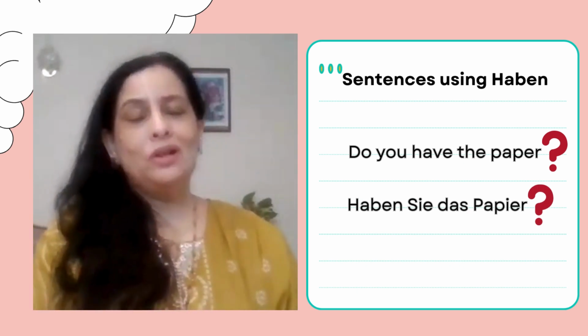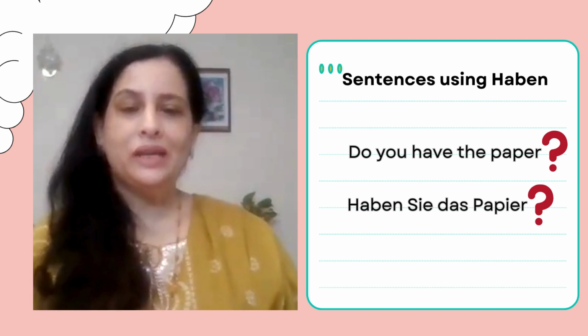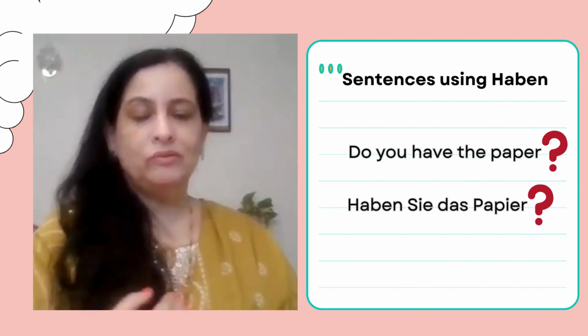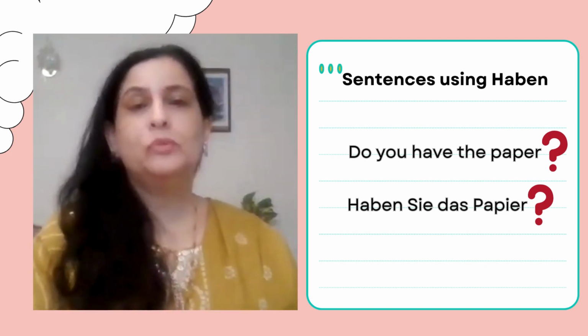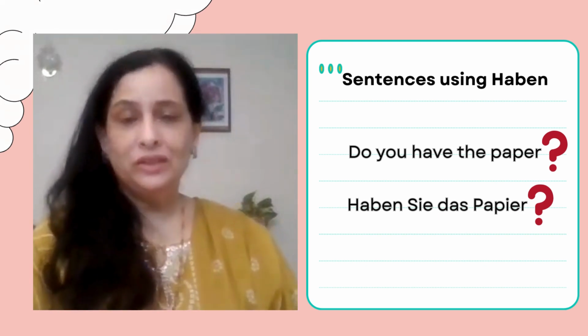Because you will call that person Sie with respect. So in that case, the form of verb haben will be haben only. There won't be any change. So these are the forms of verb haben in present tense. In some other video, we'll see this in future as well as past tense.